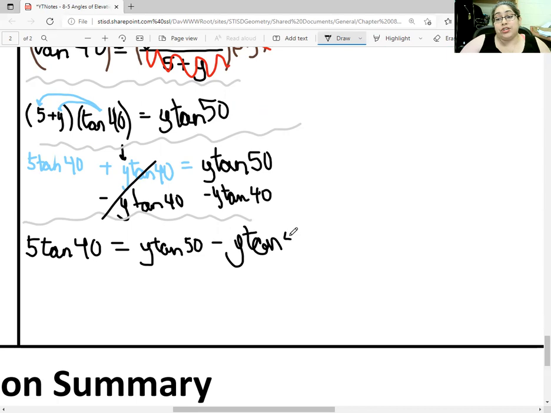So I have to just hang on to it and write it as y tangent 50 minus y tangent 40. Now, because both of these have a y in common, I can factor out that y and rewrite this as y times the group tangent 50 minus tangent 40.